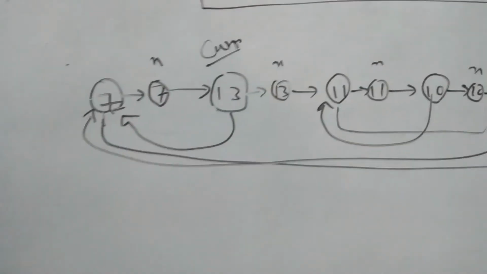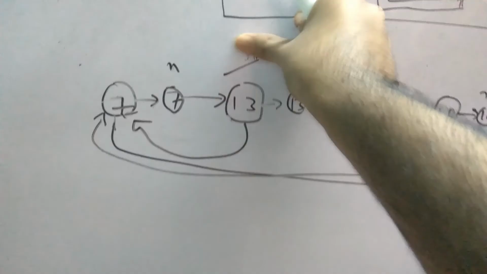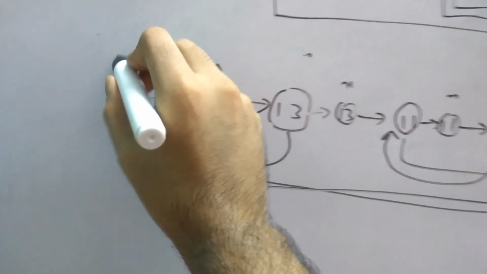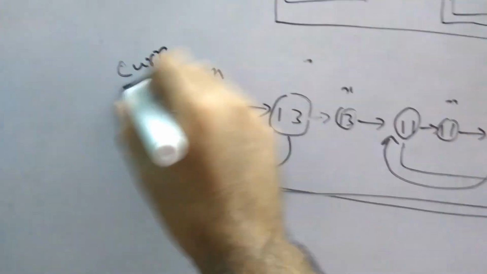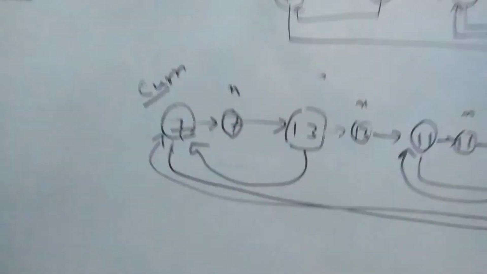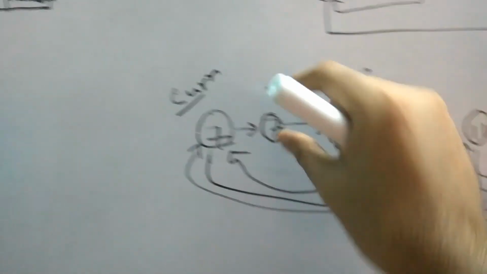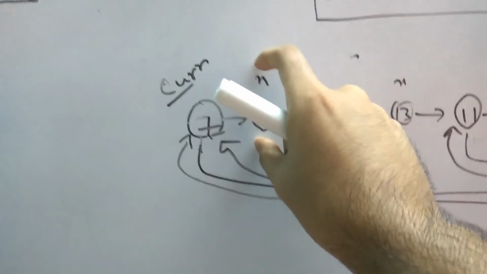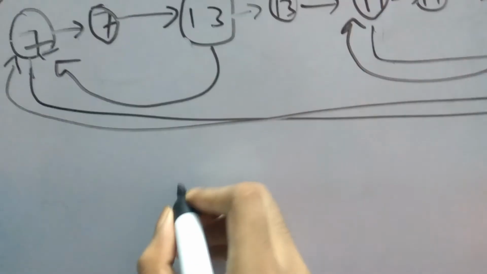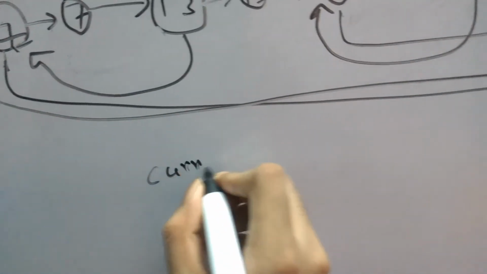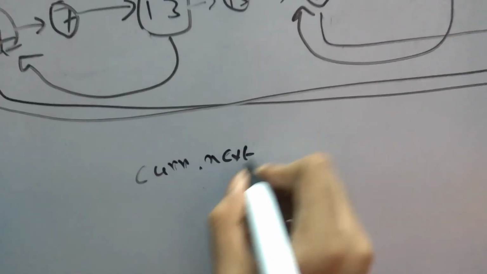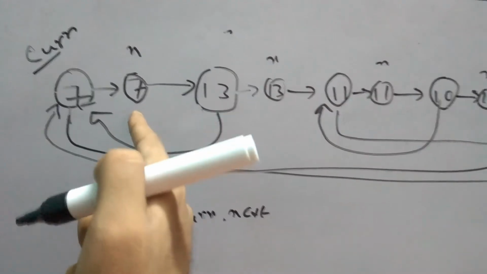Again we have a current pointer pointing to the head of the previous list. After that, to point the random pointer of this newly connected node, we will use current dot next. What is current dot next? Current dot next is this new node.